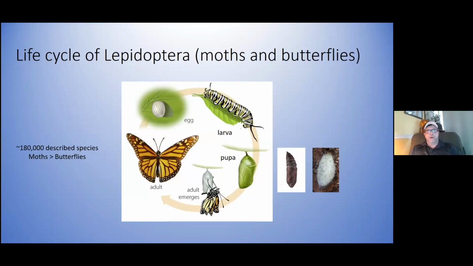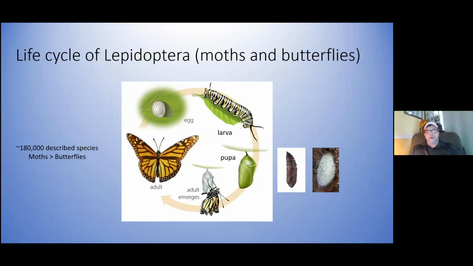This order is one of the big 4 orders of insects, and insects are the largest group of animals on the planet. Just in this order alone, there are over 180,000 described species worldwide. Although butterflies get a lot of attention, there are way more moth species, at least 10 times as many moths as butterflies.